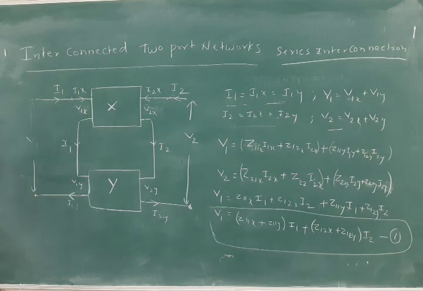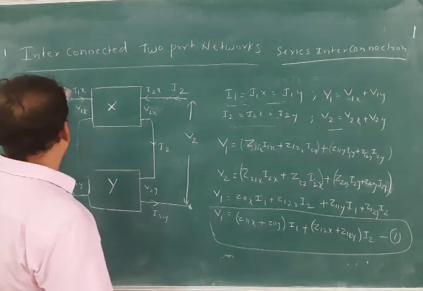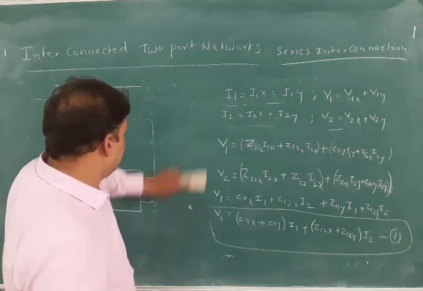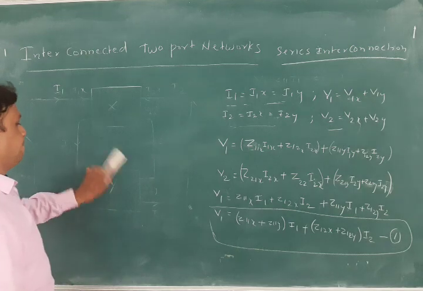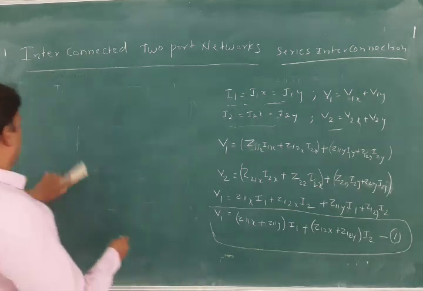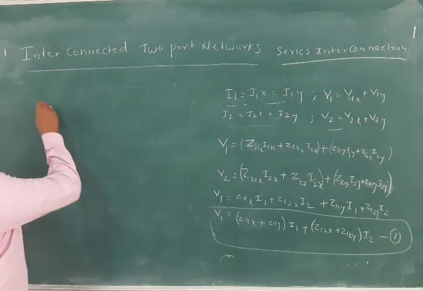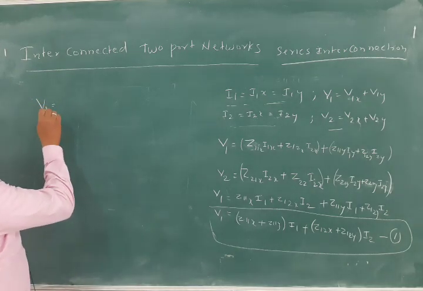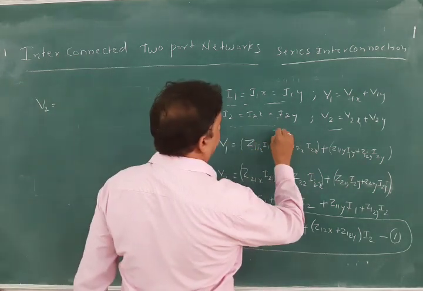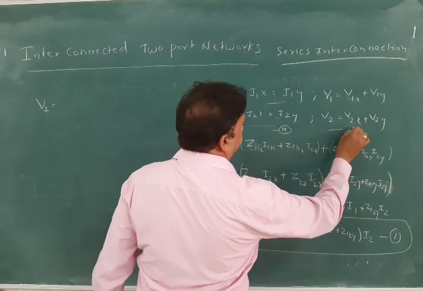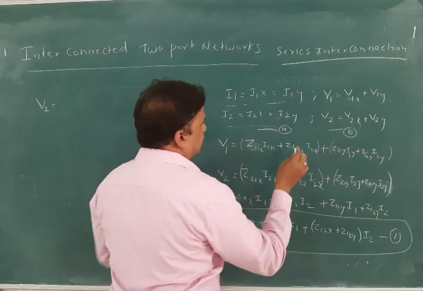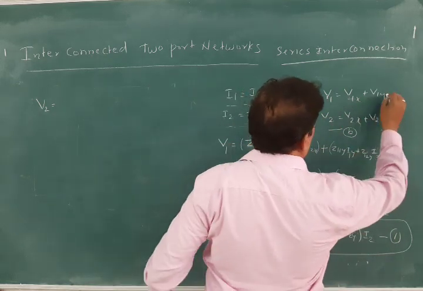If you write the voltage equation for V2, then V2 will be written like this. From those equations, suppose we mention this one as A and this one as B, these are the two equations.